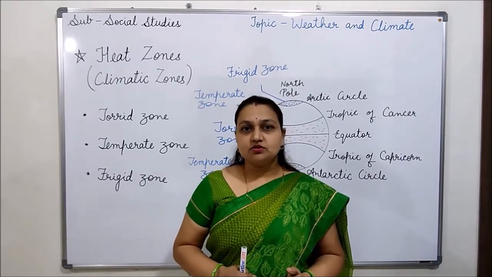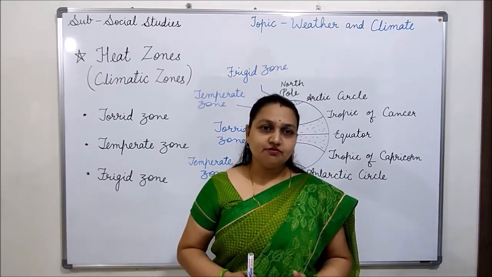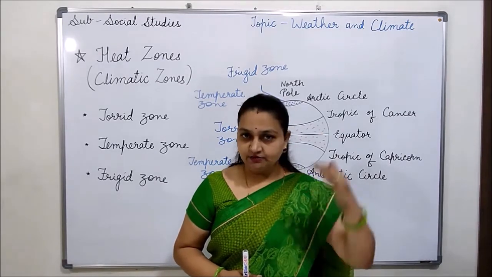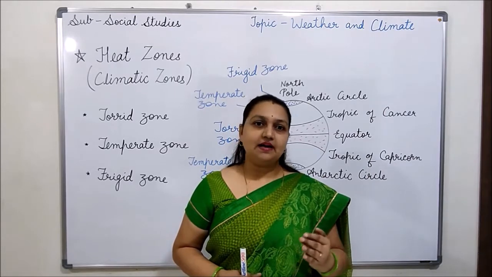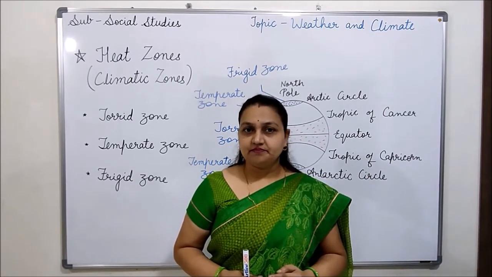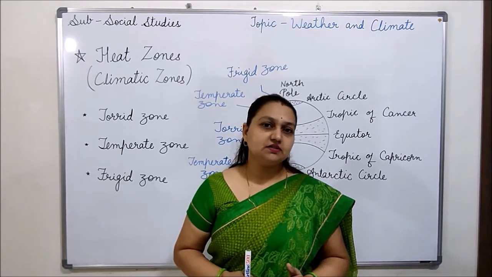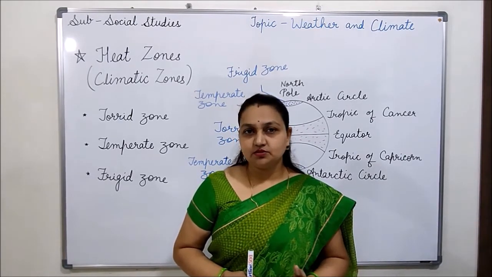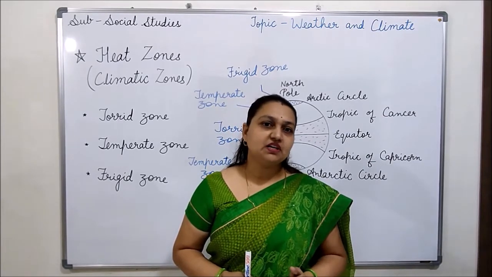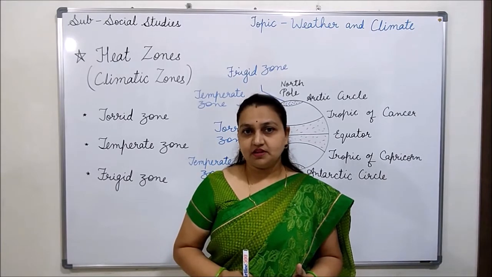These climatic zones or heat zones are divided on the basis of the amount of rainfall and the sunlight received by the particular place. As we know, the shape of the earth is spherical. In the division of these heat zones, the shape of the earth is also of great importance.